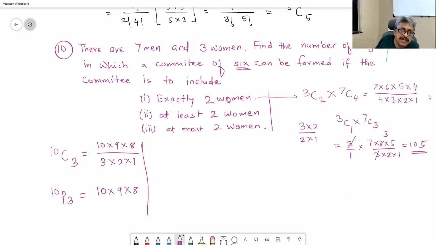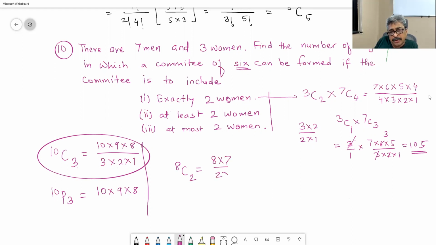Have you understood this? This is very important. I'm trying to tell you how to remember in multiplication form what is 10 choose 3. Suppose, what is 8 choose 2? 8 choose 2 is easy: 8 into 7 upon 2 into 1.